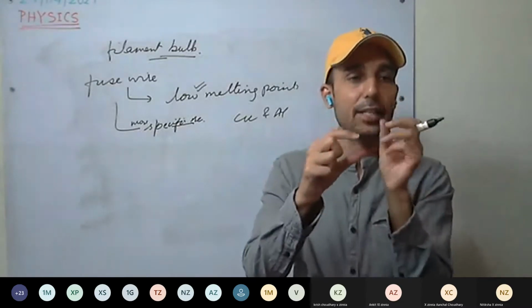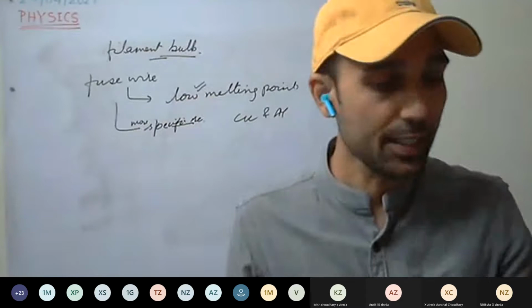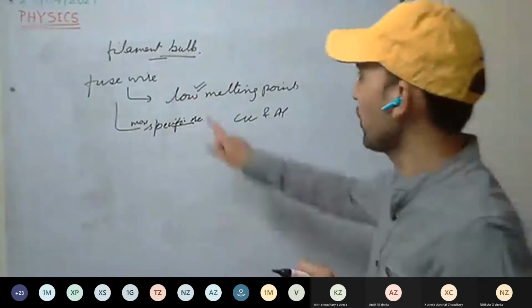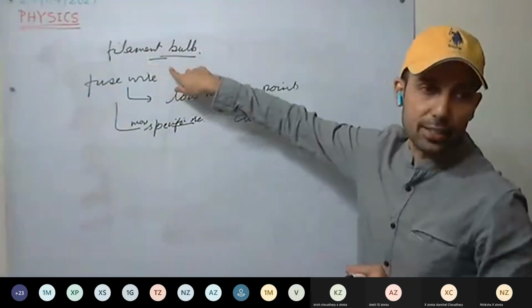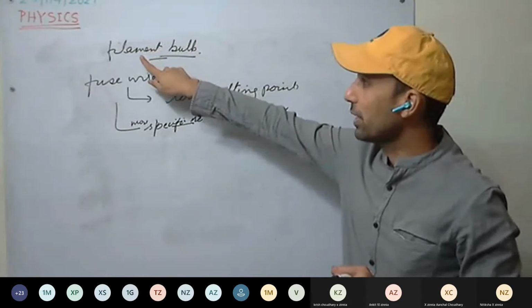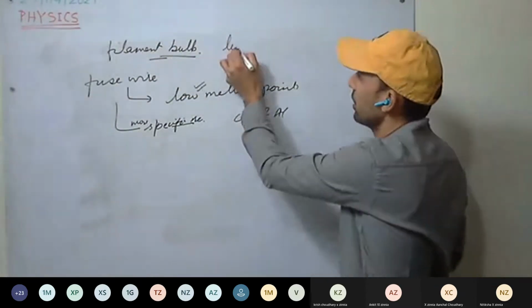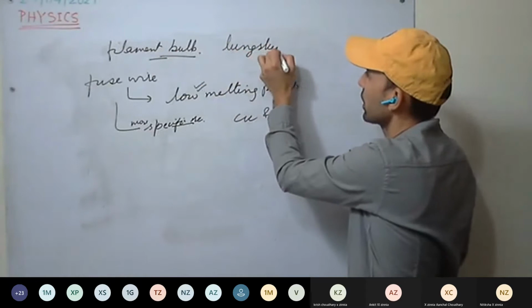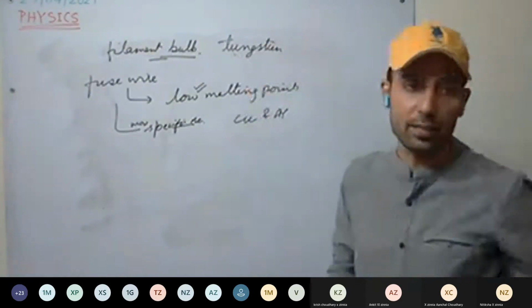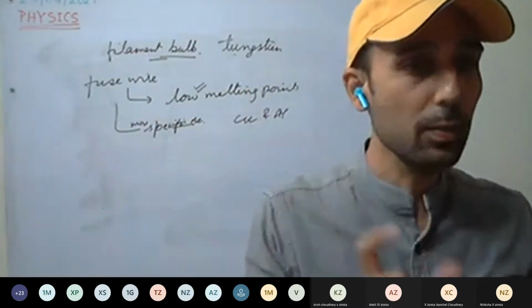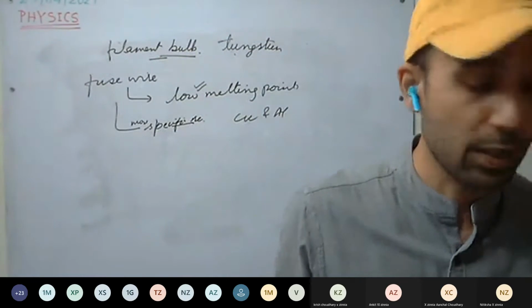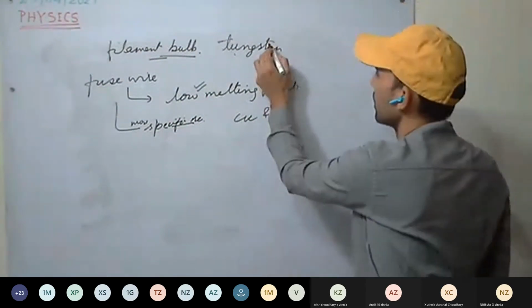It gets heated and it emits light. So this filament should be made up of high resistance wire, the material which has high resistance. So we use tungsten. Tungsten is the material having high resistance. So in a filament bulb, high resistance wire is used, that is made up of tungsten.